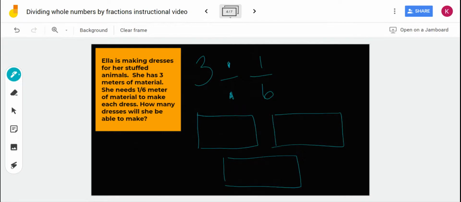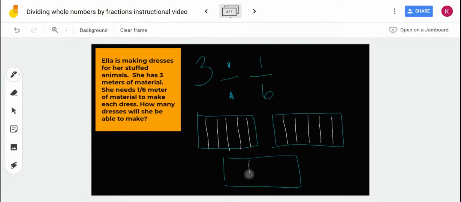In order to do that, I need to show 6 parts in this whole, and 6 parts in this whole, and 6 more parts in this whole. I can split it into thirds and then split each one of those in half to give me 6ths.